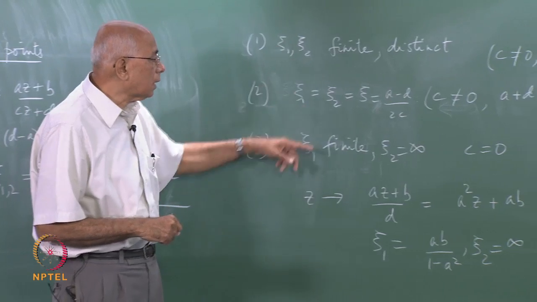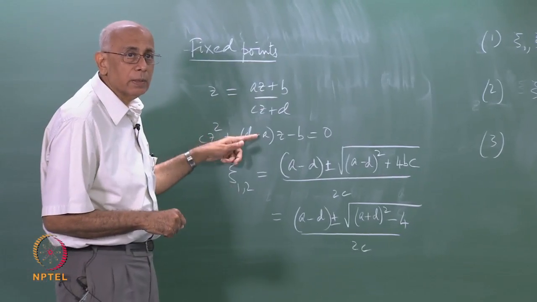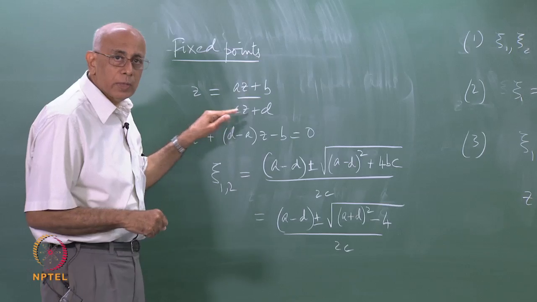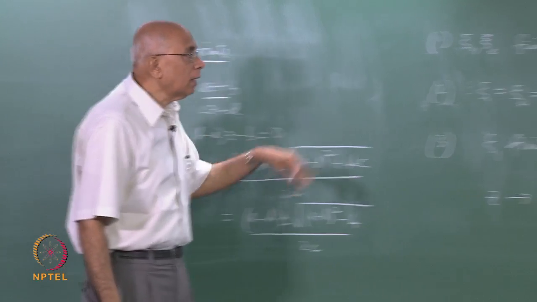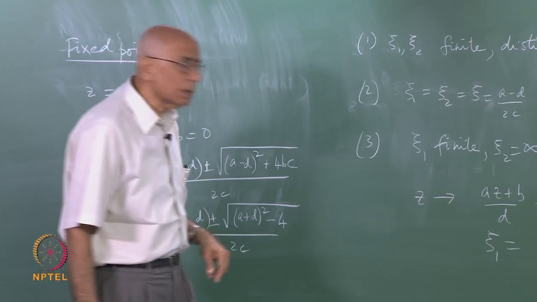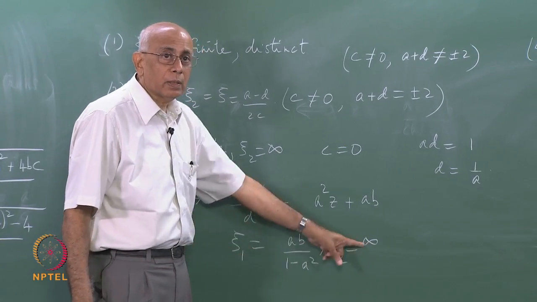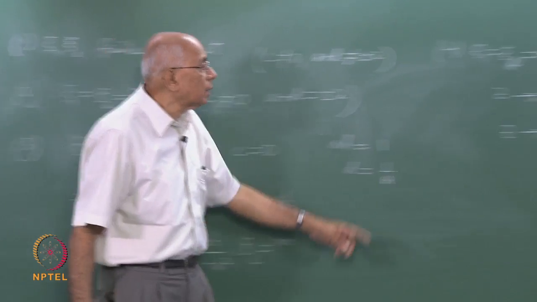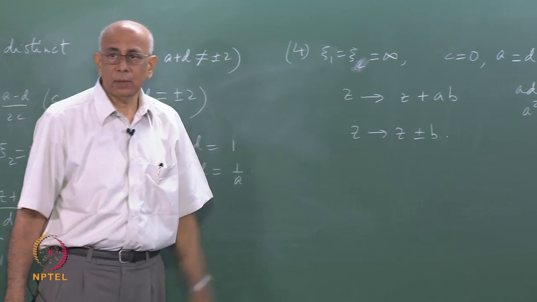In both cases the transformation is non-trivial, you still get a linear fractional transformation. But the moment you put C equal to 0, this becomes a linear transformation immediately, and in that linear transformation there are two possibilities. One of them has a finite fixed point and then another one at infinity, and the last one is when the thing is completely degenerate, you just have a shift and nothing more than that.